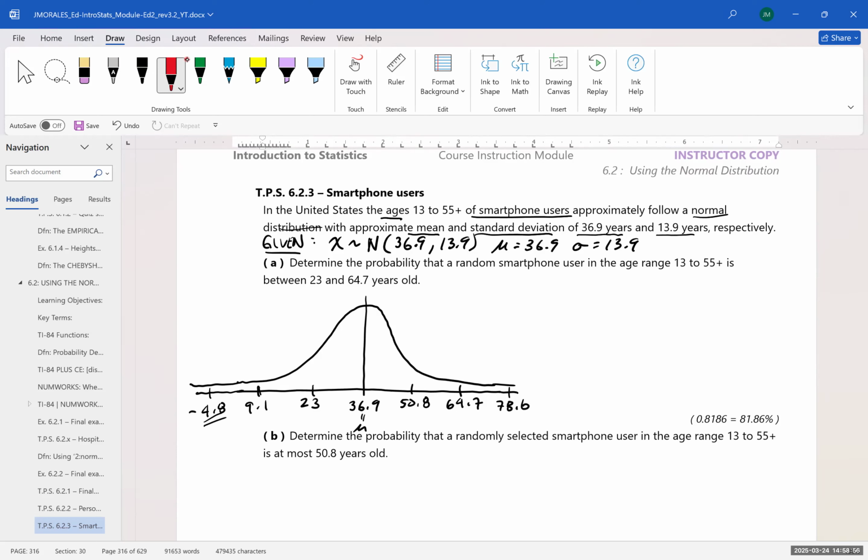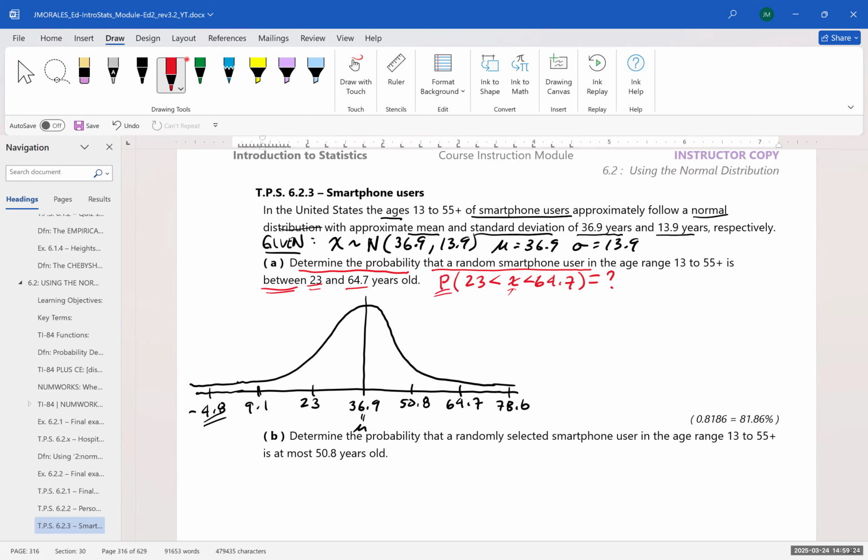So we want to determine the probability that a random smartphone user is between the ages of 23 and 64.7. What's the probability that a smartphone user is between 23 and 64.7 years old?